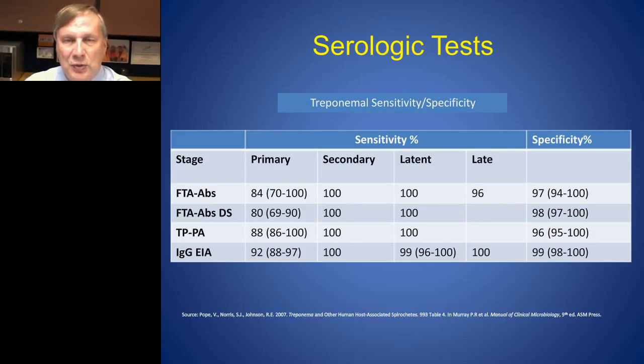We'll talk more about that when we get to specific treponemal tests. But they certainly are more sensitive in secondary, latent, and late syphilis. If you remember, in late syphilis the RPR had some difficulties with sensitivity. And they're very specific assays in addition to their sensitivity.